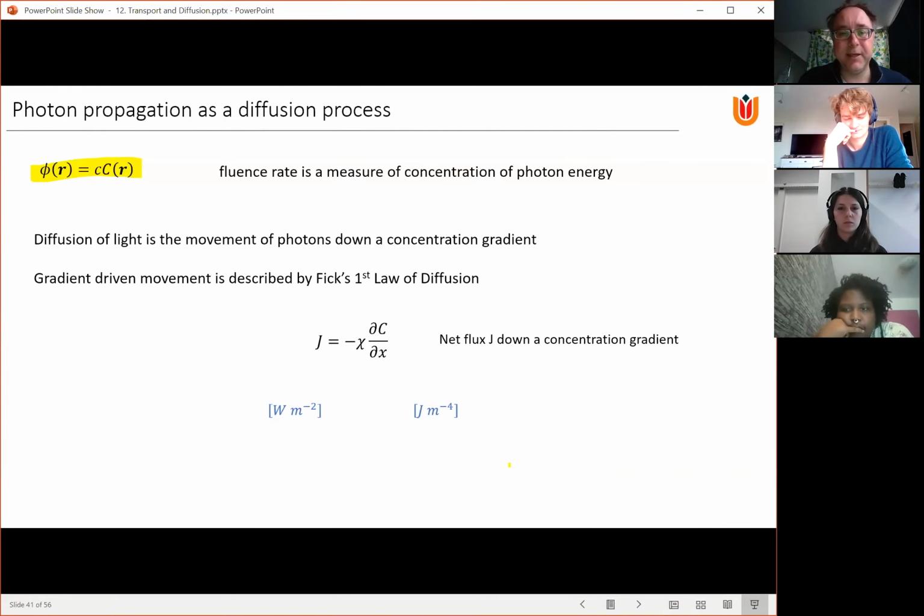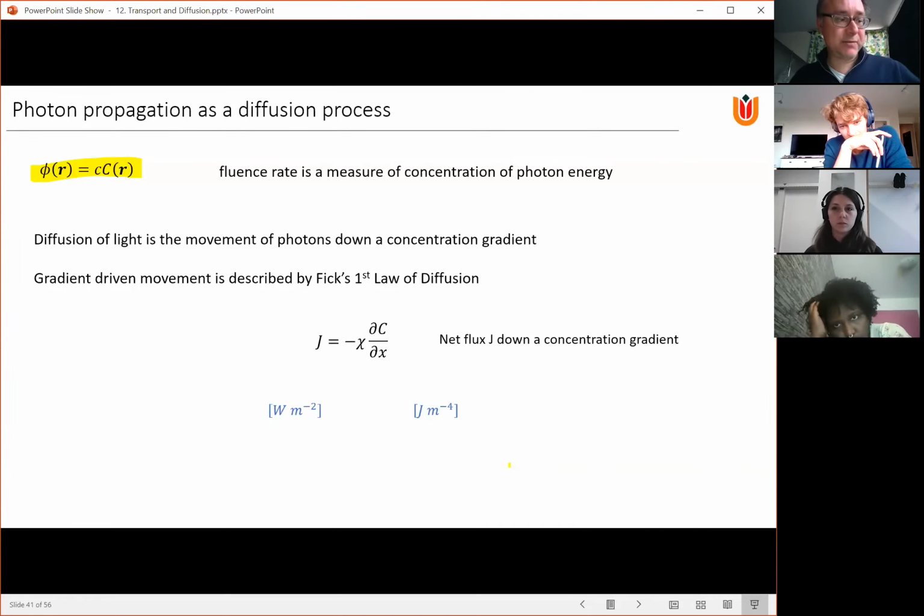If you look at the units, in our case, the net flux would be in watt per square meter. The concentration would be in joule per cubic meter, and after you take the derivative with respect to x, it would be in joule per meter to the fourth power, an extra per meter.